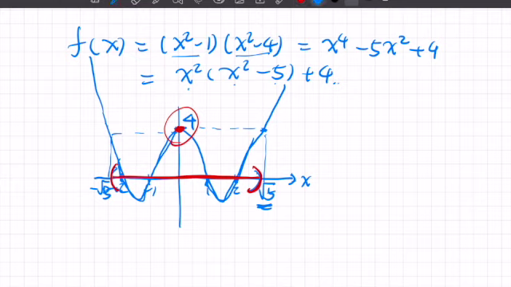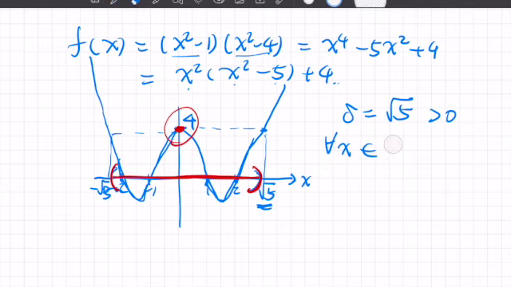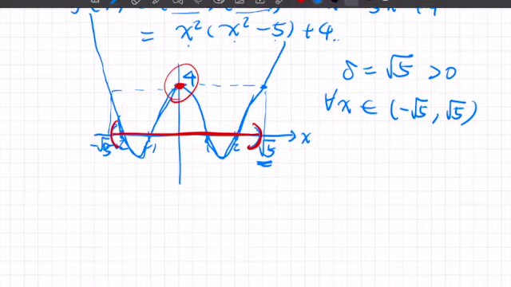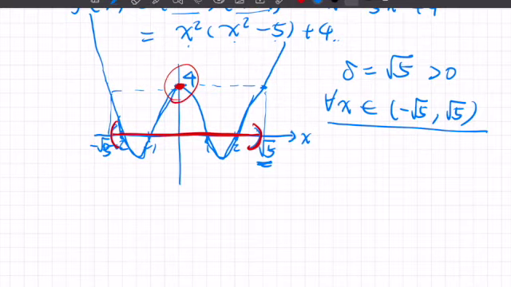So let's see, if we take delta equal to square root of 5, which is of course positive, then for all x within this open interval from negative square root of 5 to positive square root of 5, as long as x is in this interval, we have 0 less than x squared less than delta squared.